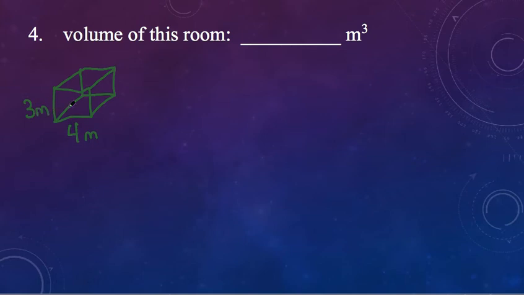Remember, 1 meter equals 3 feet. And the depth of it is about 3 meters. So volume equals length times width times height. This is 3 times 4 times 3. 3 times 4 is 12. 12 times 3 is 36 meters cubed. And that is 10 to the first meters cubed.